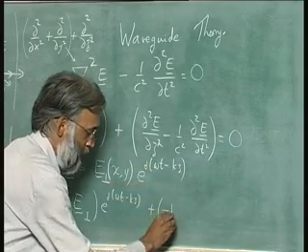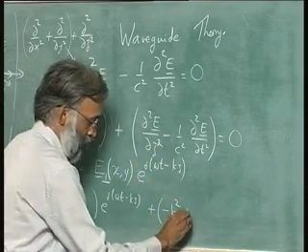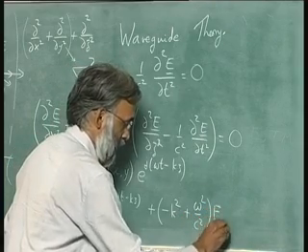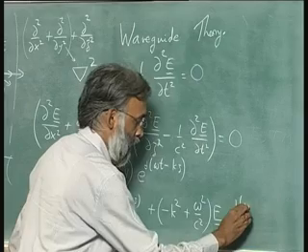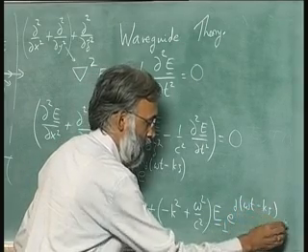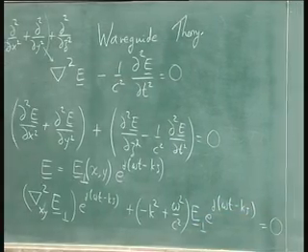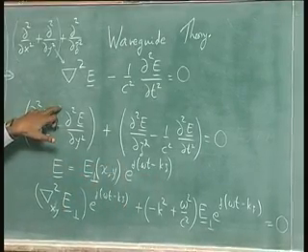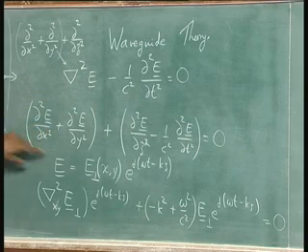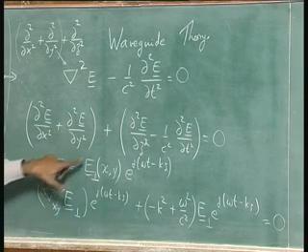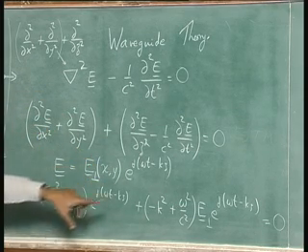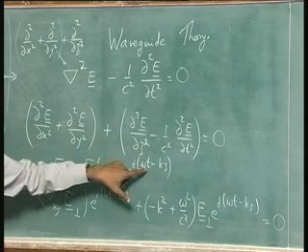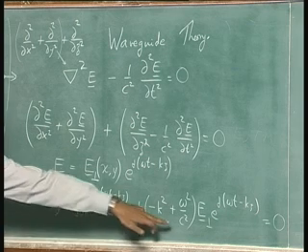So, I will get a minus k squared plus ω squared over c squared times E perp e to the j(ωt minus kz) is equal to 0. So, all I have done is substitute this form into this equation. This part I do not know what it is going to do, it is just going to act on this unknown function. But this part I know what it is going to do because I know the form of the dependence on time and the dependence on z. So, I pulled it out.